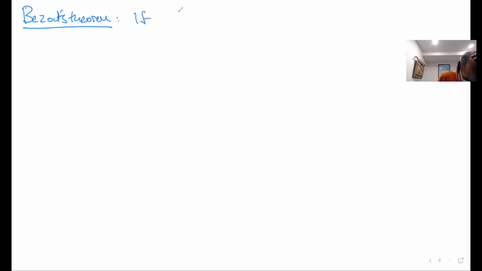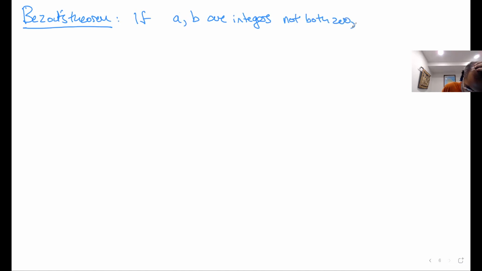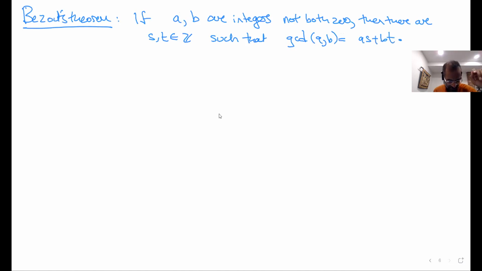It says if A, B are integers, not both 0, then there are integers S and T in Z such that the GCD of A and B is equal to AS plus BT.